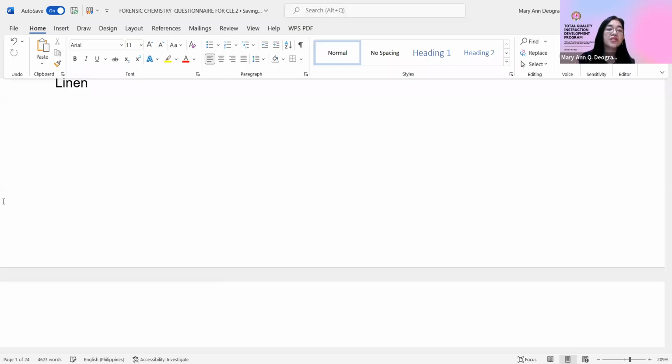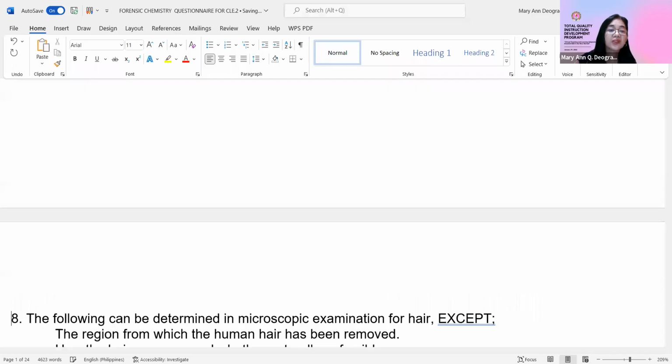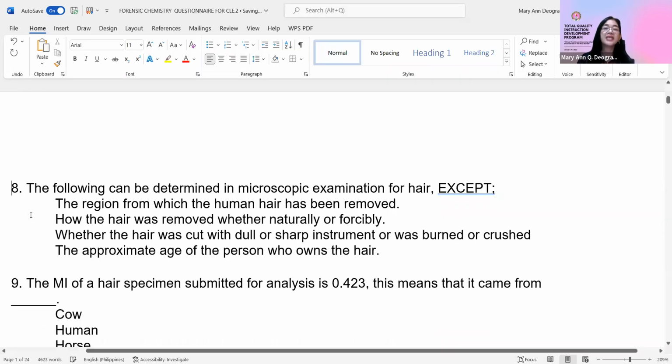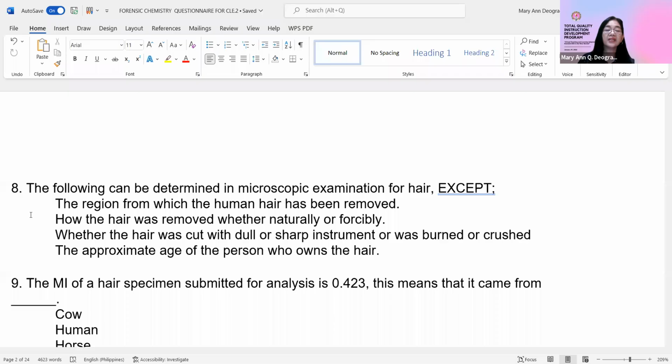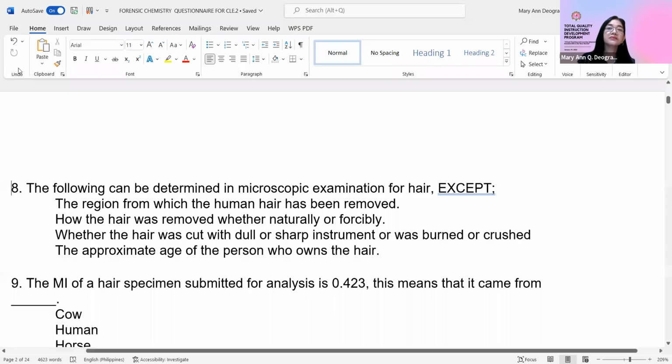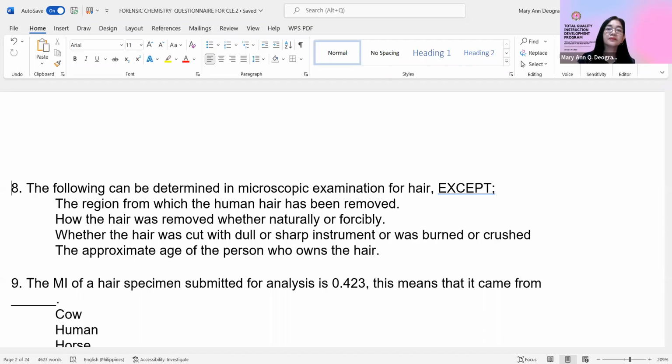Okay, ayan yung choices natin. Is it A, B, C, or D? Okay, letter D. Letter D kasi the approximate age of the person using a hair sample can be done not by microscopic examination but through chemical examination.